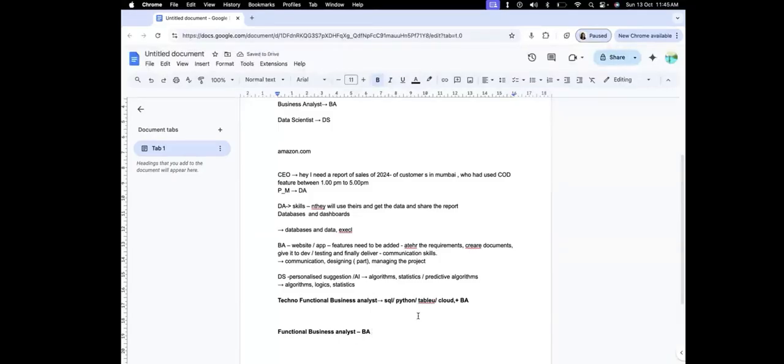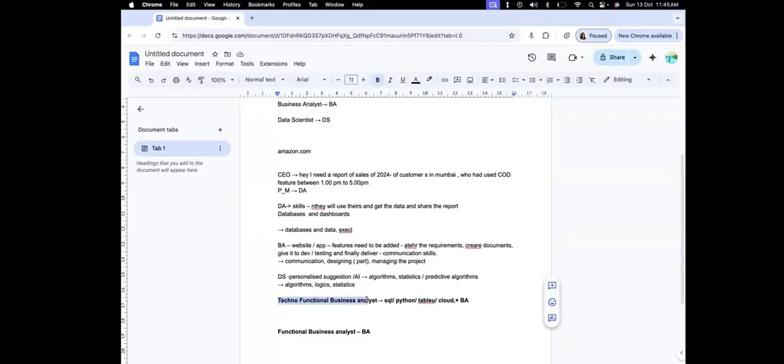So what was happening in the industry till 3-4 years back, they were just hiring the functional business analyst. But now, since 5 years, data and AI came into the picture. Data was in boom. So instead of recruiting two roles, data analyst and business analyst, they started recruiting one person only who can play the role of both.